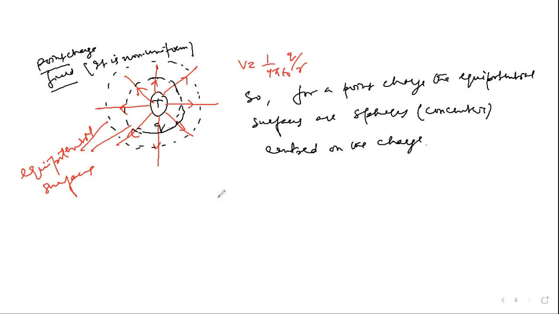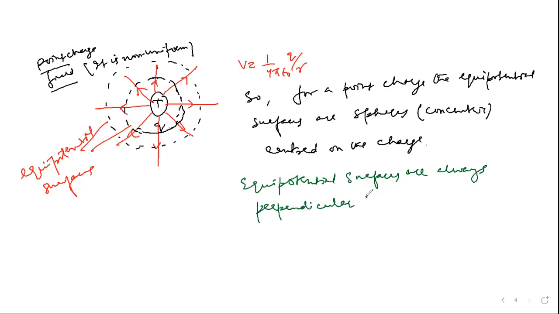And equipotential surfaces are always perpendicular to lines of force, because every equipotential surface will have a value of potential. So I write here, equipotential surfaces are always perpendicular to electric lines of force.